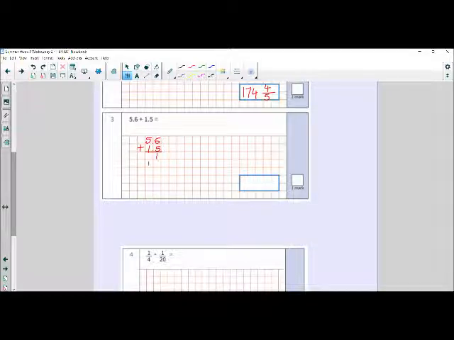Let's carry that one on. 5 and 1? 6. Add one more? 7. What do I need to remember to put in? Decimal points. So the answer is 7.1.